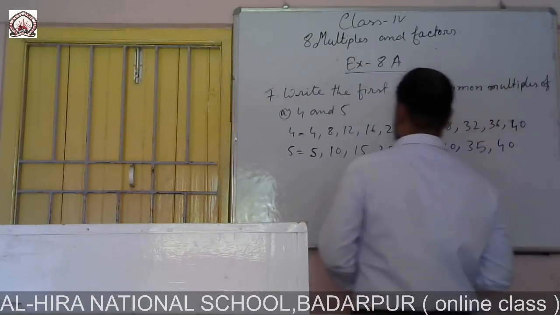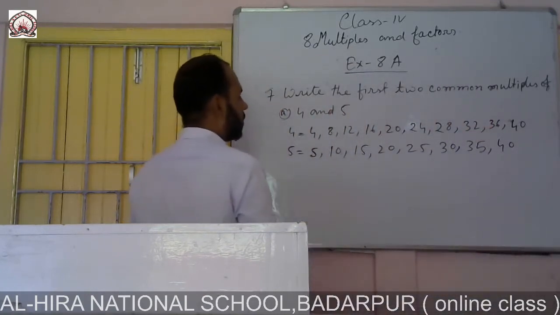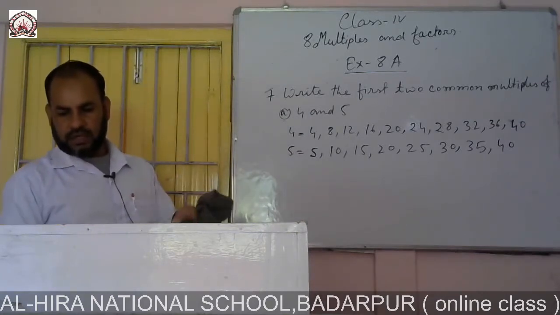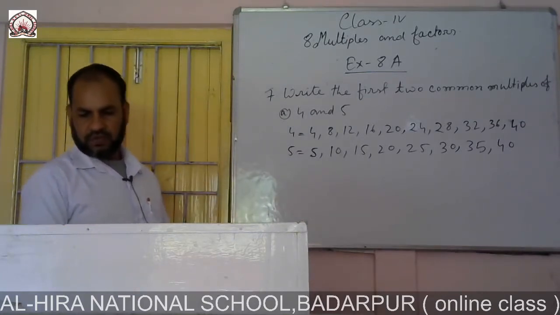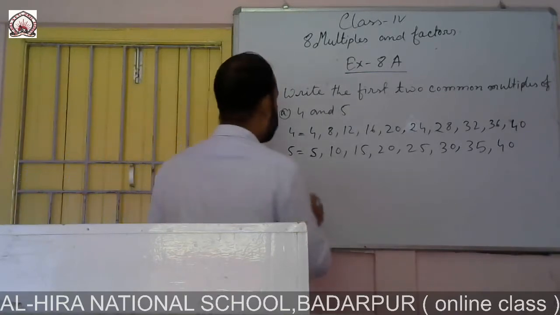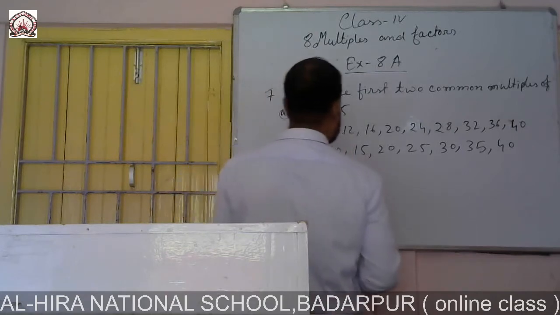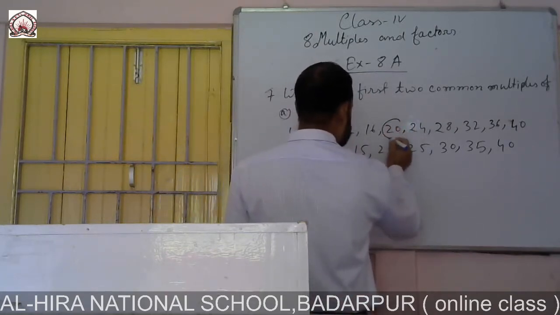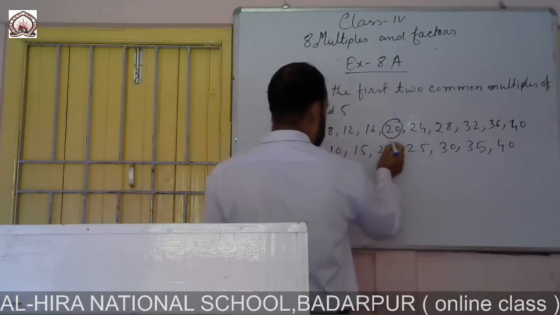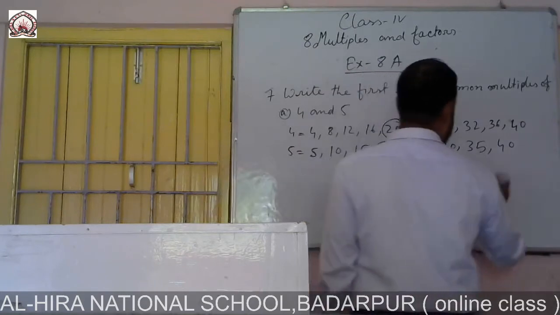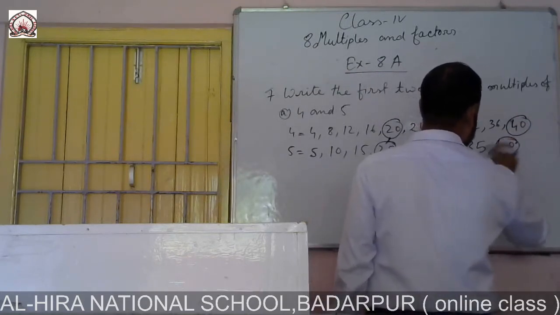Okay, up to this. So we write the first two common multiples of 4 and 5. So here 20 is there, and here also there is 20. So 20 is common, and 40 is also common.